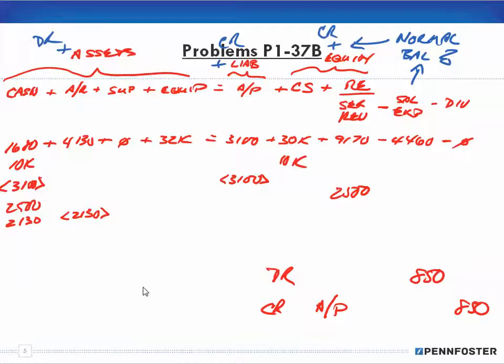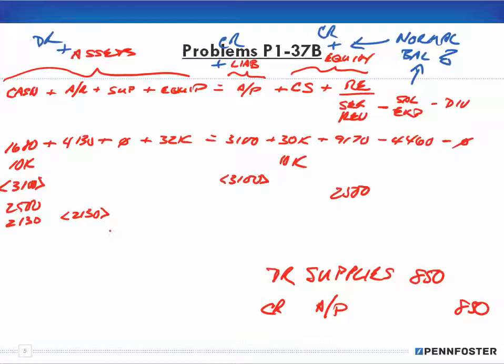And if I have supplies that I use in the operation of my business, then that would be supplies expense. But in this case, it's just saying I'm purchasing supplies, so I'm owning the supplies. And so I see I have a general ledger account called supplies underneath my assets. So I have a debit to supplies for $850.